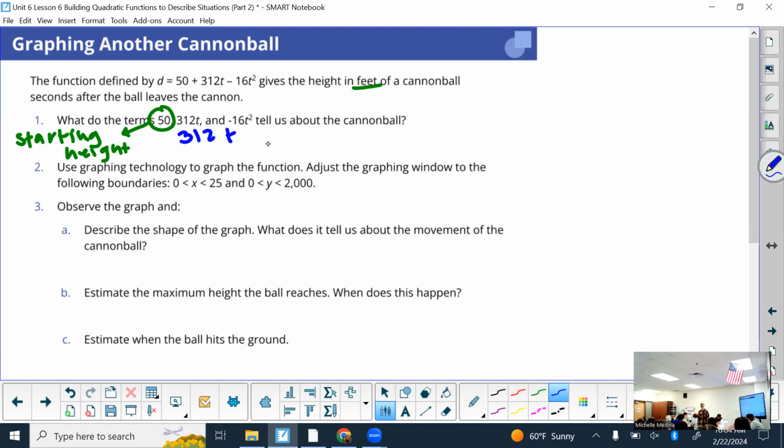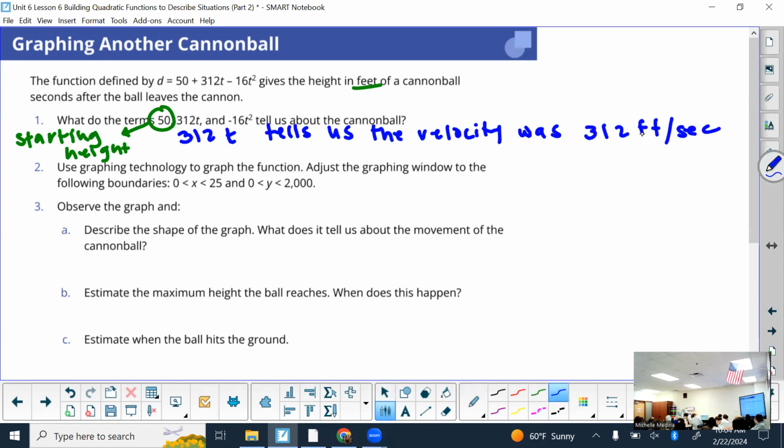Was that table 2? Oh, yeah, it is. Okay. This tells us the velocity was what? Was 312. And the units are feet per second. That's how much it's traveling in feet per second.